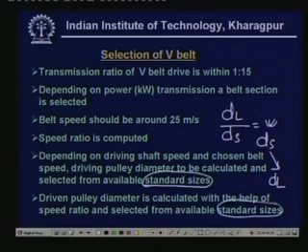So you select the standard sizes of the pulley and again recalculate whether your choice gives a speed ratio that is actually required for the design. So in this case you have to do a little bit of iteration to find a speed ratio very near to your requirement.